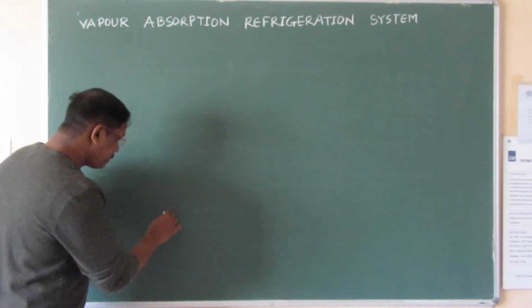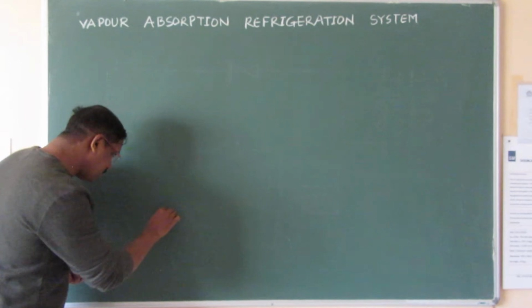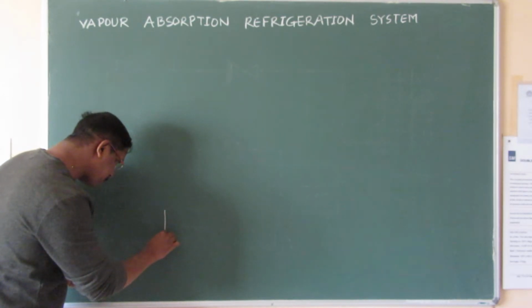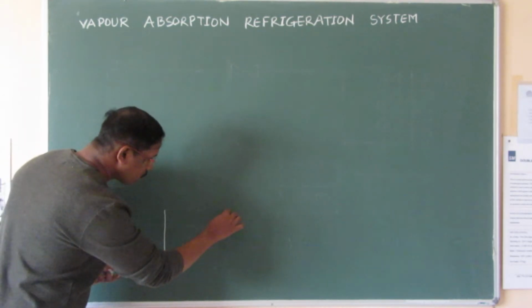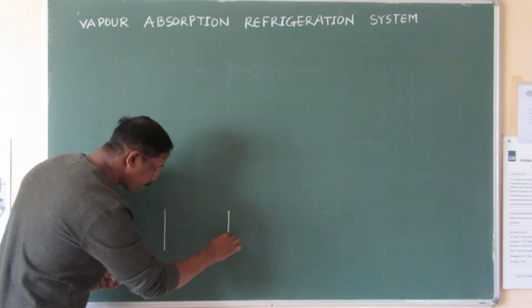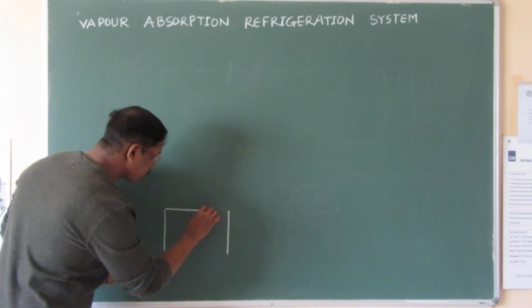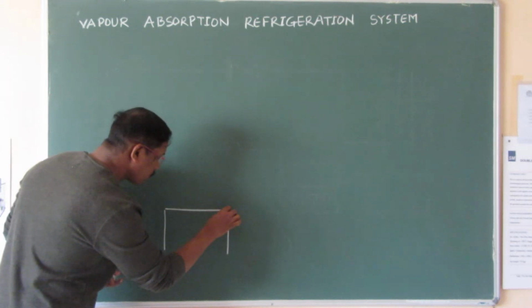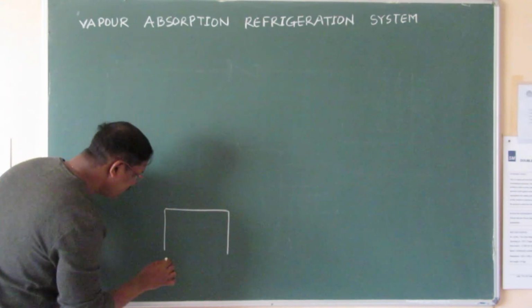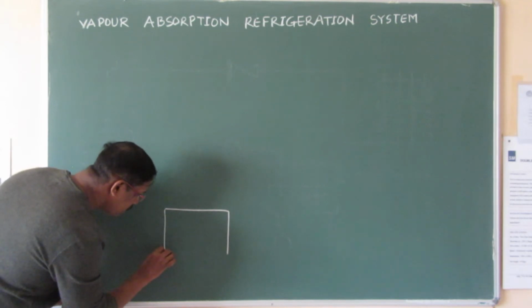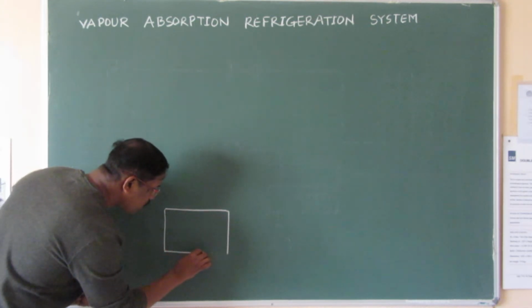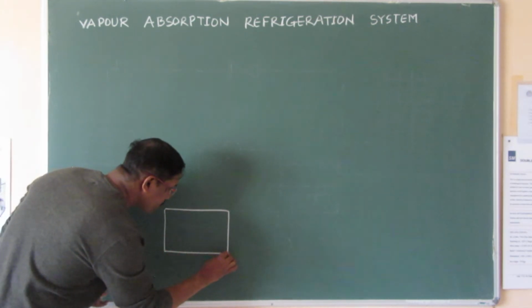The absorber is a simple unit having a weak solution of water and ammonia.